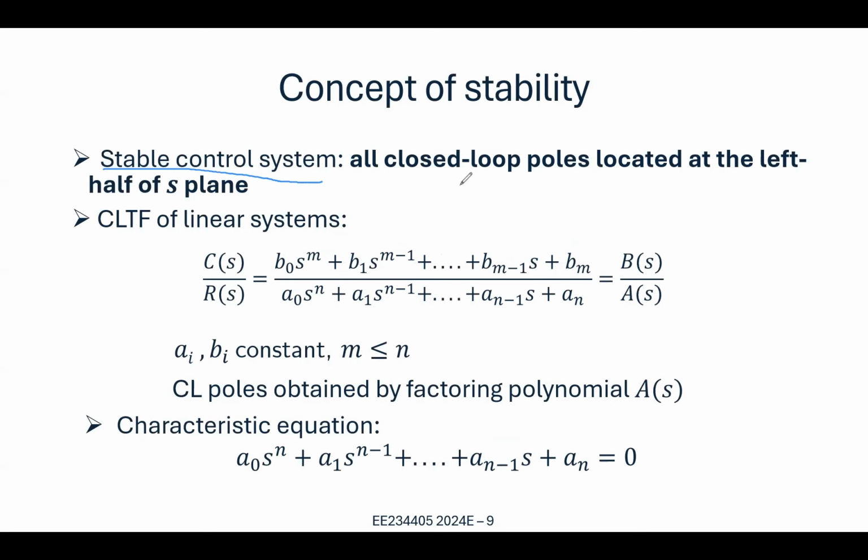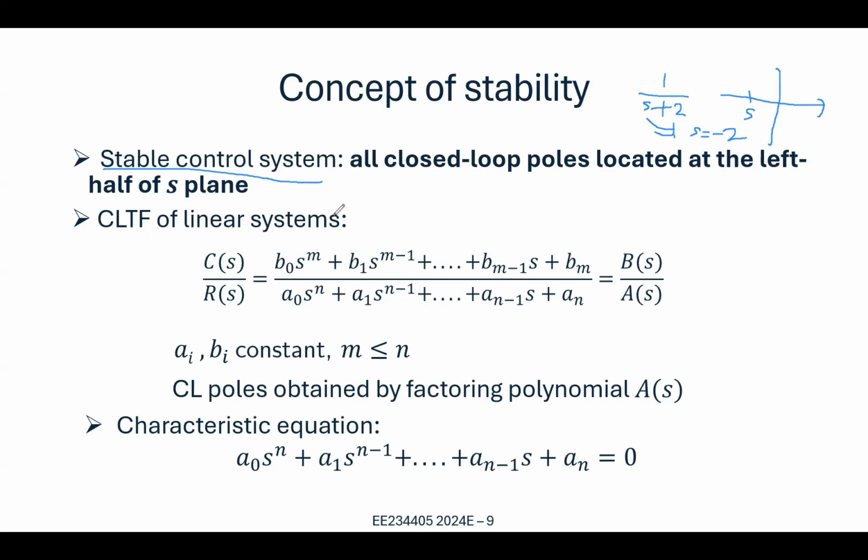So, for example, if we have the transfer function like 1 per s plus 2, here s is minus 2, which means that it is located at the left half of the S plane, right? So s would be here, and we can conclude that this is a stable system.